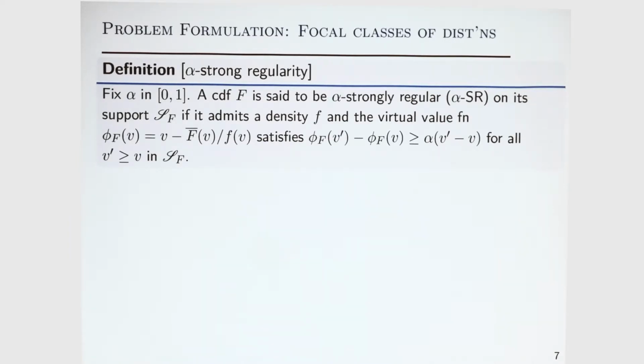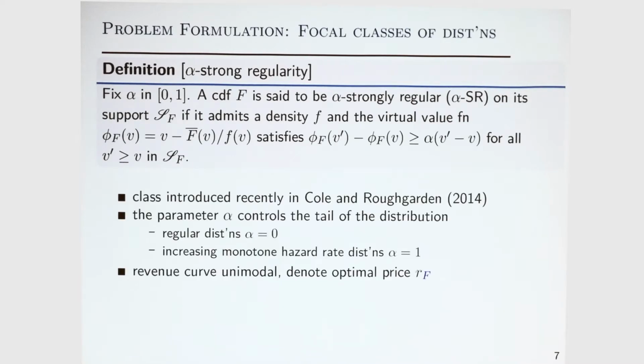So why do we look at this class of distributions? As I mentioned, it was already introduced in the literature, but also, more importantly, it contains two classes that are widely used in the literature: the regular class of distributions, which is when alpha equals 0, and alpha equals 1, which is the monotone hazard rate class of distributions, or increasing failure rate class.